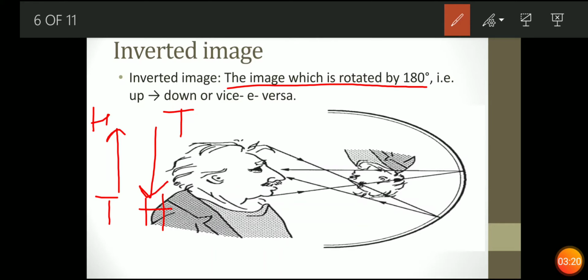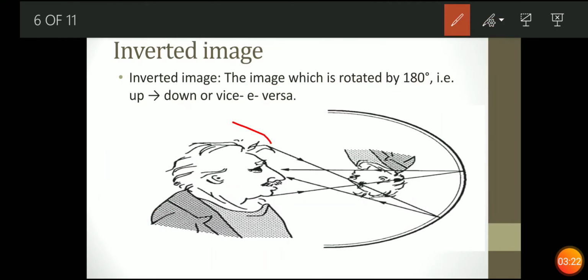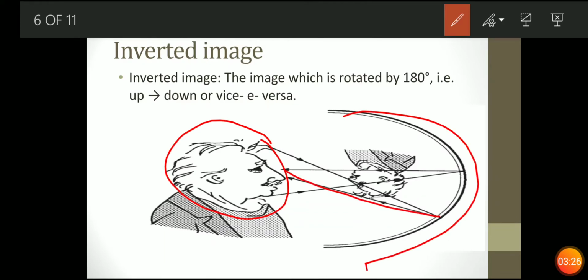Now see the diagram. This is the head of the person. When he sees in the mirror, he will see that the head is at the bottom and the chest is at the top. So it is known as an inverted image. The image which is rotated by 180 degrees, upside down, is known as an inverted image.